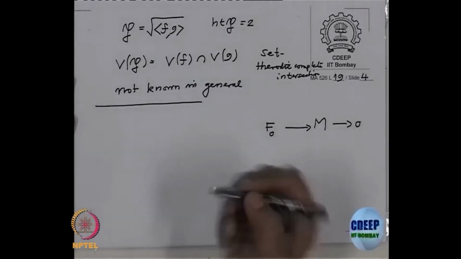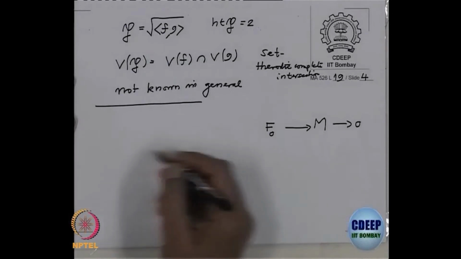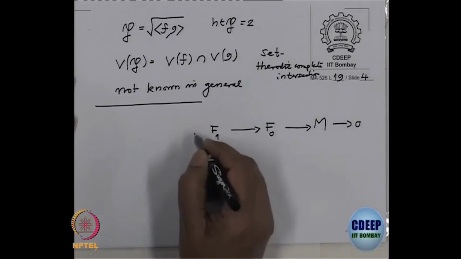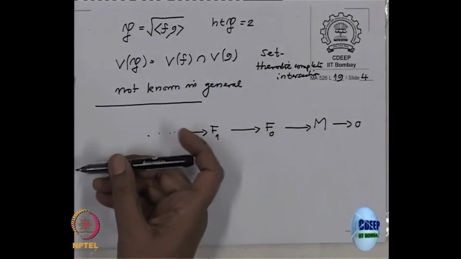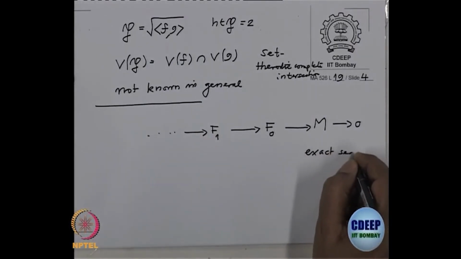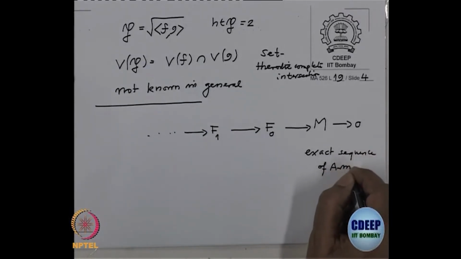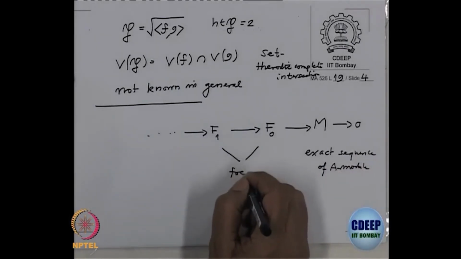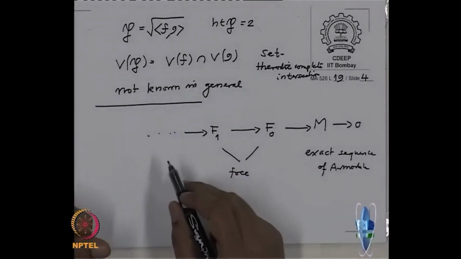Now, you can repeat this process. That means you look at the kernel and write the kernel as a quotient of a free module, and that way you can cook up an exact sequence of A-modules, and all these modules are free. In particular, they are projective modules. Such a thing is called a projective resolution.